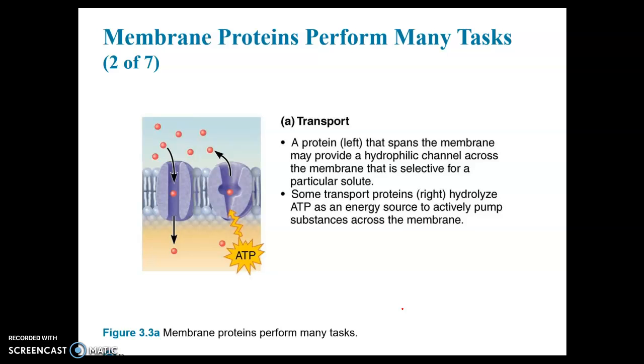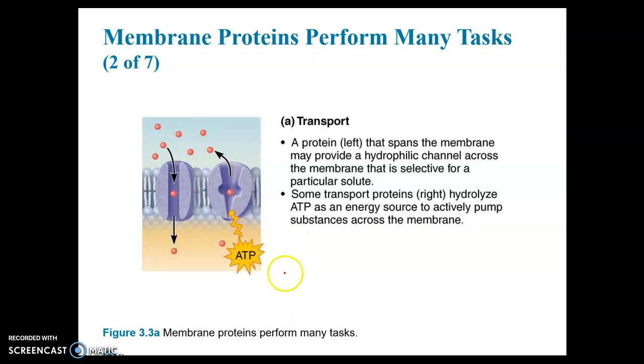So starting with transport proteins, they can be just channel proteins that allow a substance to just be transported across the membrane, either from outside to inside or from inside to outside. Then you can have proteins that we call carrier proteins that actually change shape whenever they are transporting.